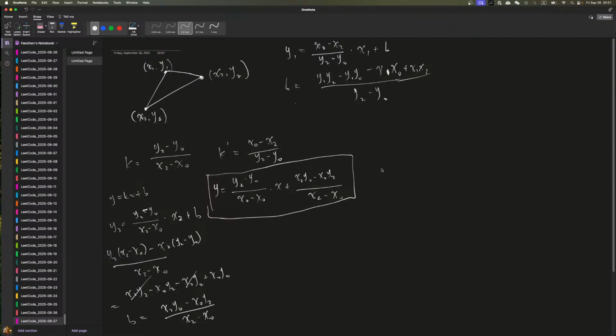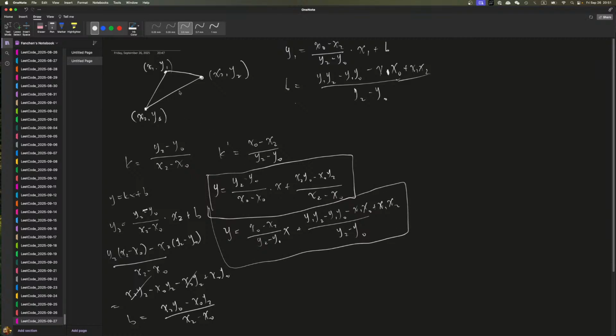So the second one is y equal to (x0 minus x2) over (y2 minus y0) times x plus that b. Alright, so these are the two.